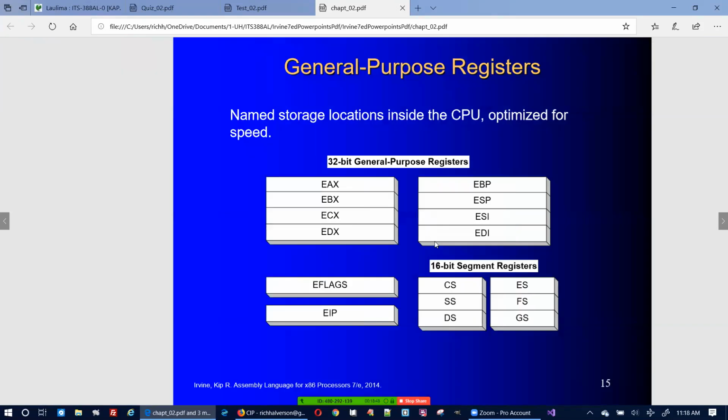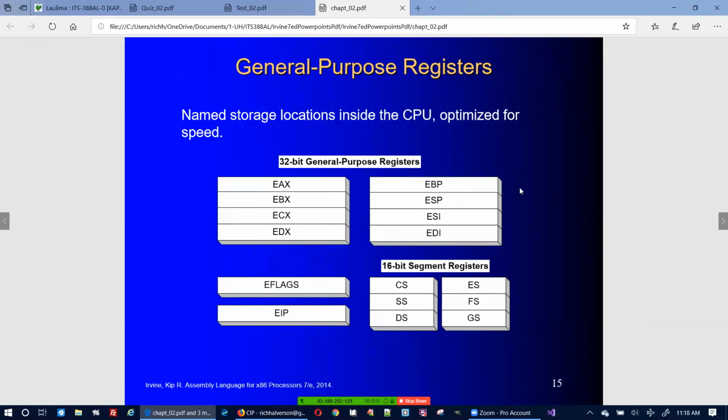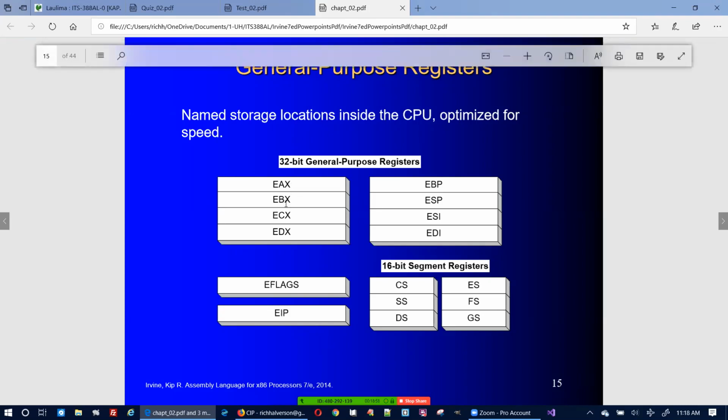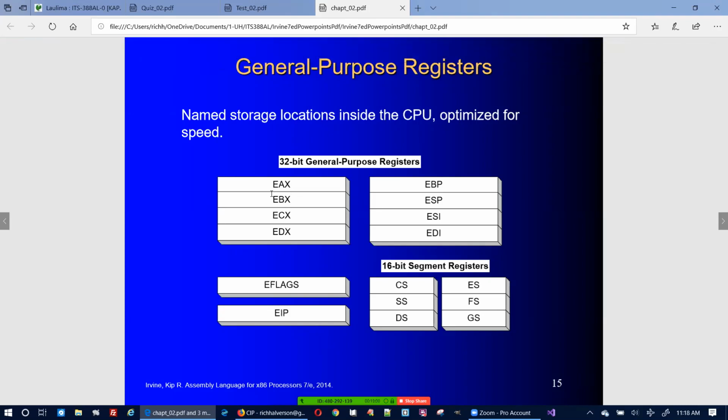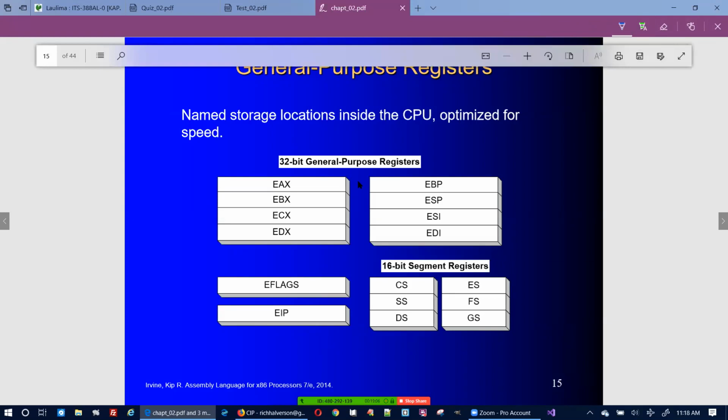But anyway, these are what the general purpose registers are. When you are writing your programs, you are going to be storing data as you're calculating in these registers. You'll notice that this is the A register, the B register, the C register, and the D register.